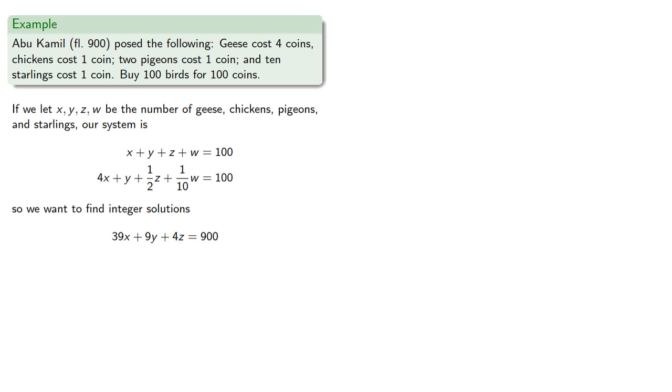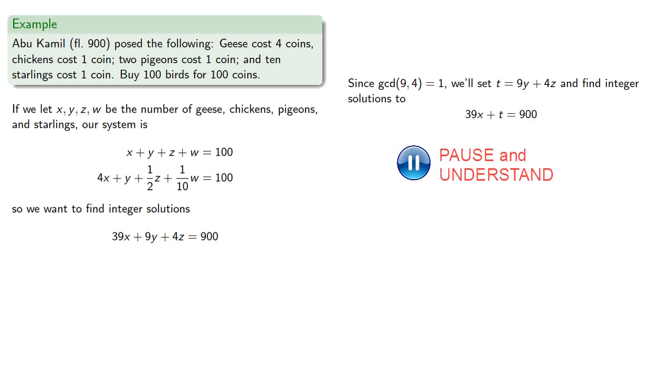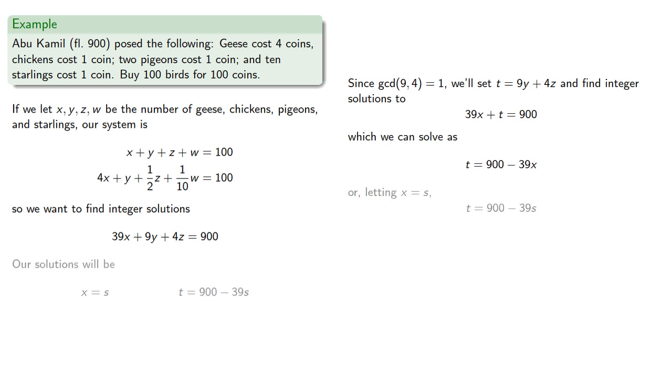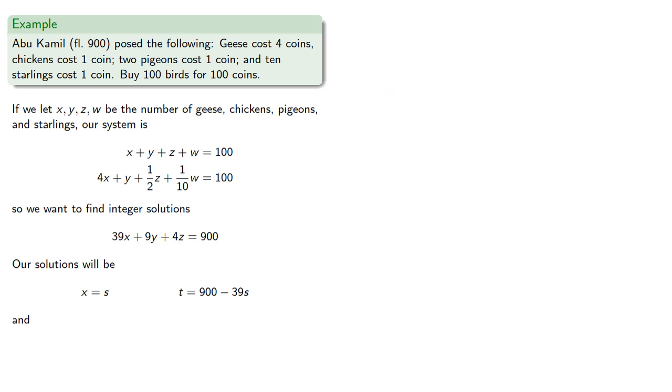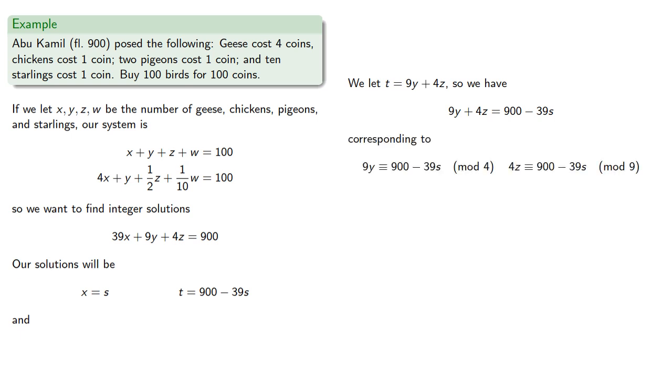Since the greatest common divisor of 9 and 4 is 1, we'll group this second pair of terms and introduce a new variable t equal to 9y plus 4z and find integer solutions to, which we can solve as, or letting x equal to s. And so that gives us expressions for x and t. We let t equal 9y plus 4z, so now we have 9y plus 4z equal our t value, and this corresponds to the system of congruences, which we can solve.